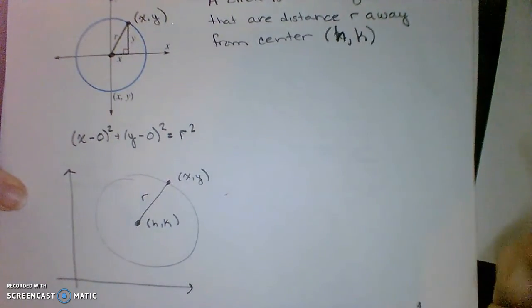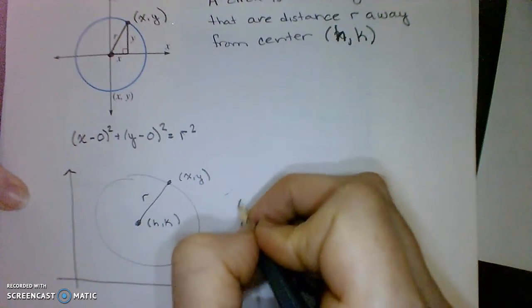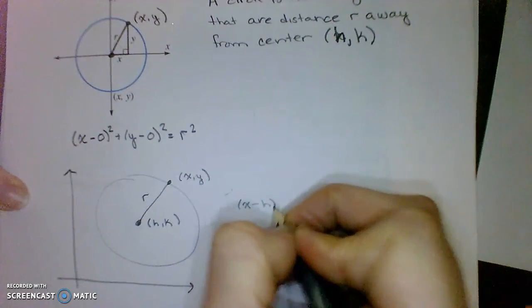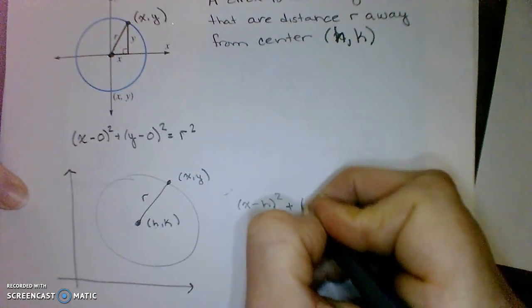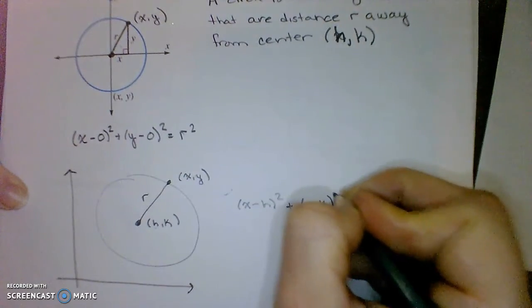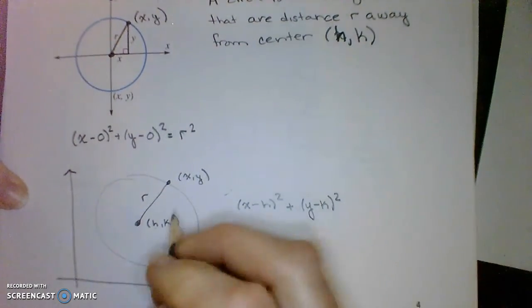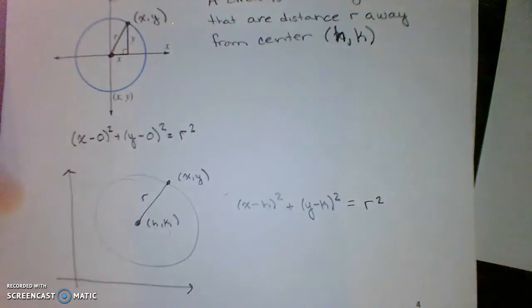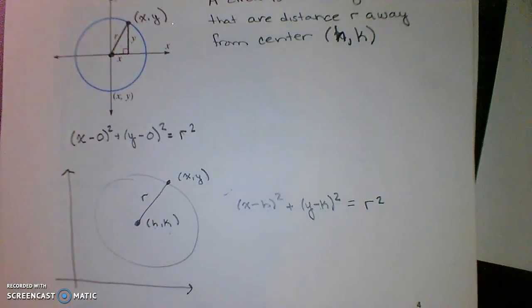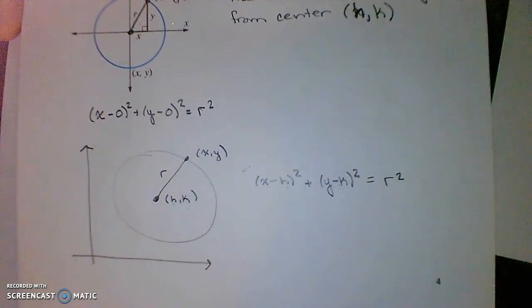So squaring both sides of the distance formula, we have x minus h squared, so the difference between the x coordinates squared, plus y minus k squared, so that's the difference between the y coordinates, is exactly equal to r squared, where h and k are the x and y coordinates for the center of your circle. So you'll have a few homework problems which allow you to kind of unpack these formulas and use them with actual numbers in context.